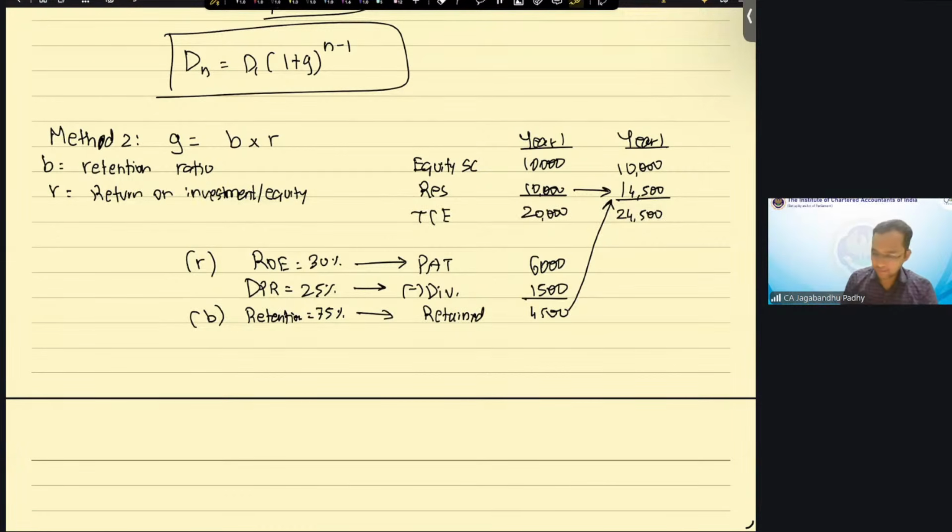So with retention, with the money reinvested, do you expect the PAT to continue the same even in the next year, or is it going to grow? Because you have reinvested 4,500 in the business. Of course, you assume that the same 30% return you are going to get.